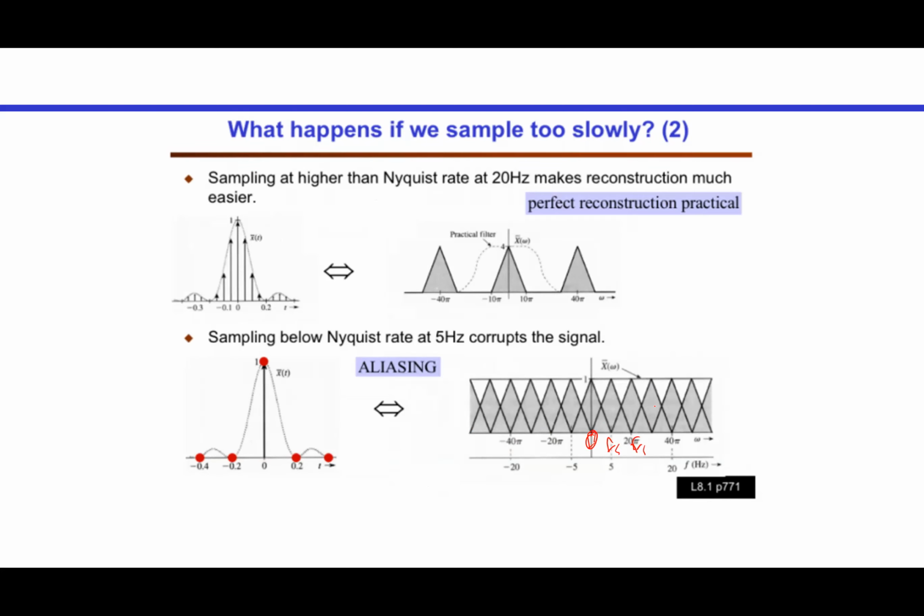That's why we have made the condition of double the bandwidth of your original signal. That is the definition of the Nyquist rate. And this will also cause you the problem of aliasing.